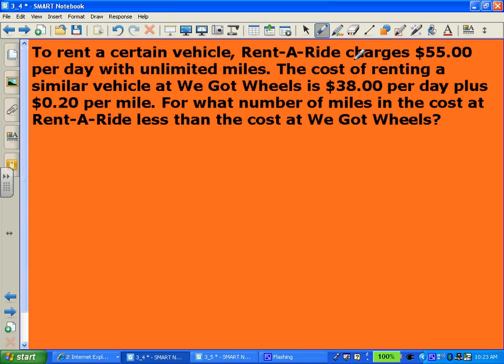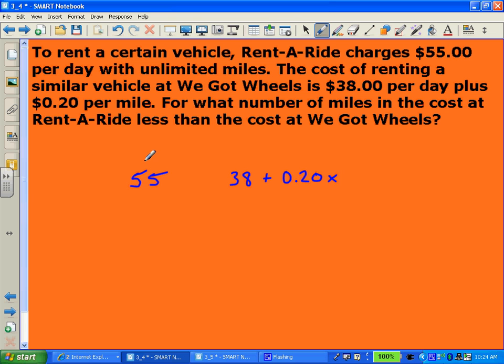So if I rent a car from Rent-A-Ride for one day, I get charged $55. Okay? Now, if I get the same vehicle from We Got Wheels, it's $38 a day plus 20 cents for every mile that I drive. I'm going to call my miles X.